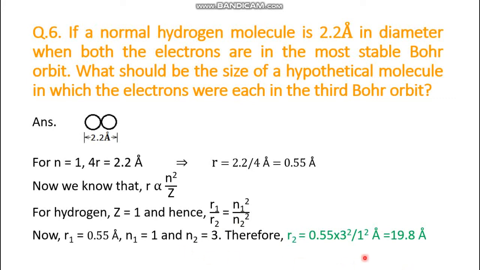If r2 is 19.8 angstrom, then what is the diameter of the hypothetical atom, the size of the molecule? It should be multiplied by 4, isn't it? If this one is now 19.8, from center to circumference, then it should be 4 into this radius. So this value is 79.2 angstrom.